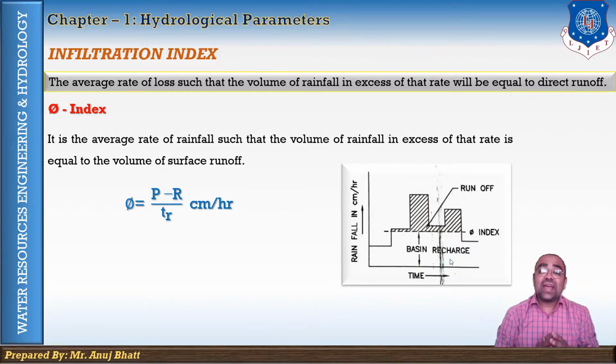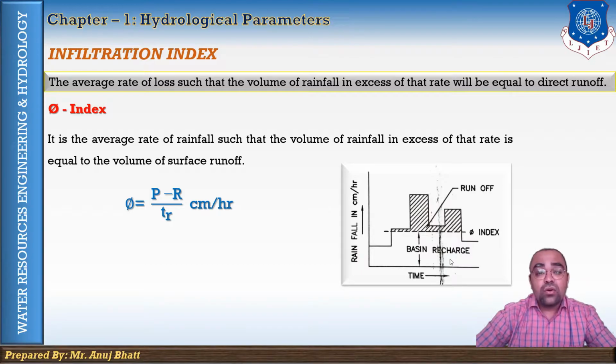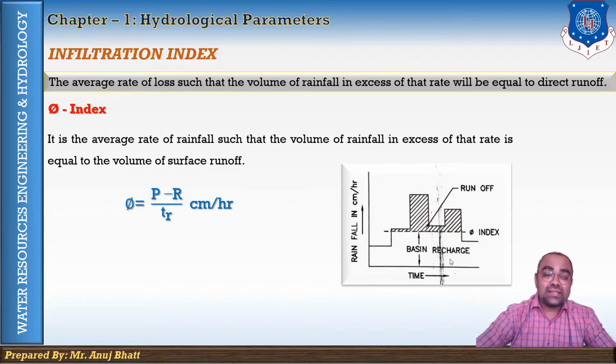The phi index can be determined for each storm for which the surface runoff volume has been measured. The amount of rainfall in excess of the phi index is called the rainfall excess.